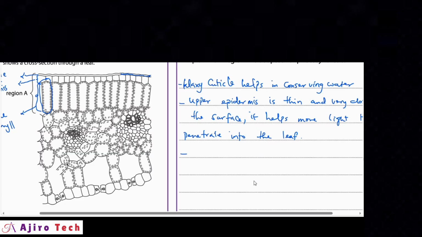Those structures are chloroplasts. So the palisade mesophyll is loaded with a lot of chloroplasts, and they are closely packed. That encourages more light to be trapped because of the presence of more chloroplasts.